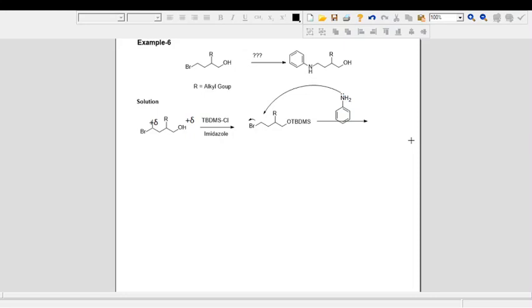That is now attacking on the electron deficient carbon atom.